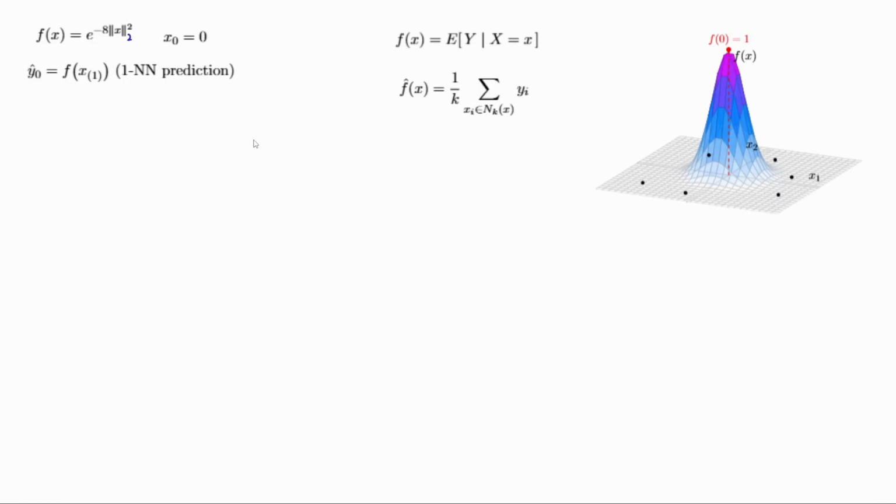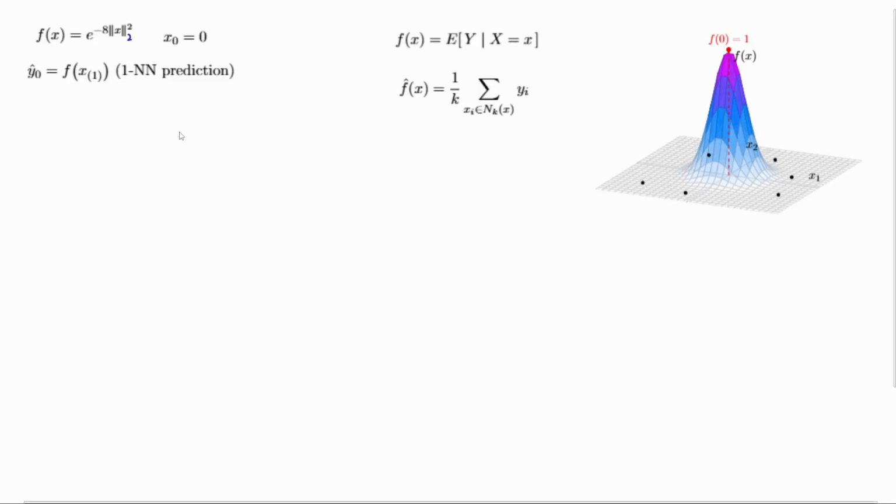Now our estimator is k-NN, specifically when k is 1. So what this means is that to find the prediction at x equals 0, we find the closest point to x equals 0, some point closest to the origin in our training set. And then we just assign our predicted value to be exactly the value that point took.